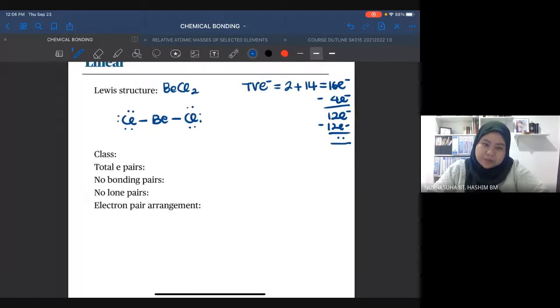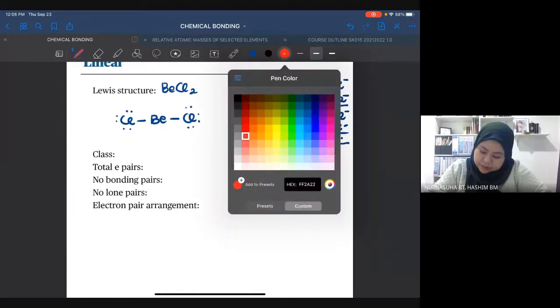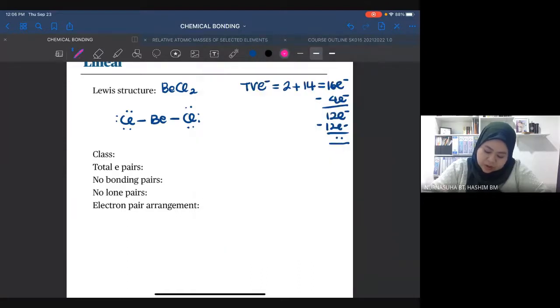Okay, so kalau kita compare beryllium chloride sekarang, you have one central atom, then you have two terminal atom.